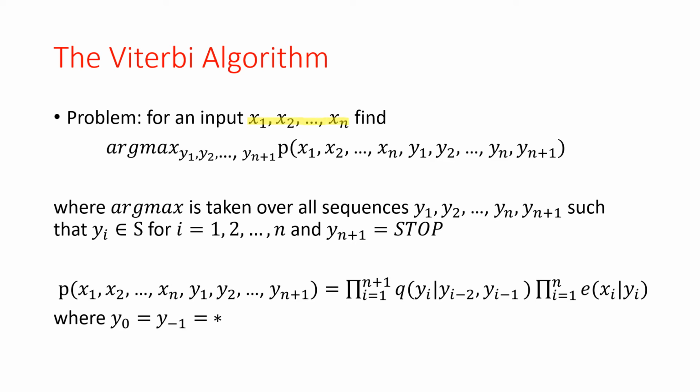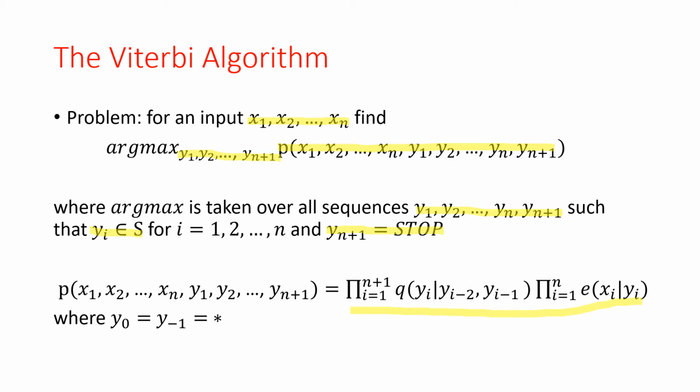This argmax is taken over all sequences y1 up to yn plus 1, such that each yi is an element from the tag set, and the last element in the sequence, that is yn plus 1, equals the stop symbol. And this joint probability of an input sequence and tag sequence equals the product of q and e terms, as we previously explained.